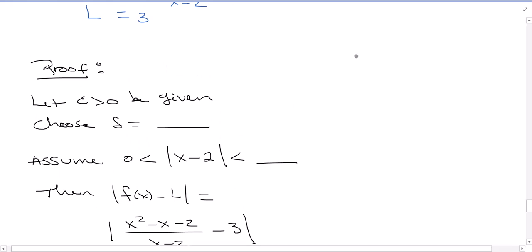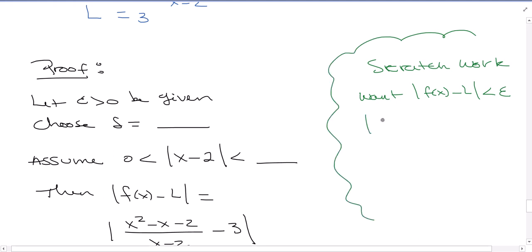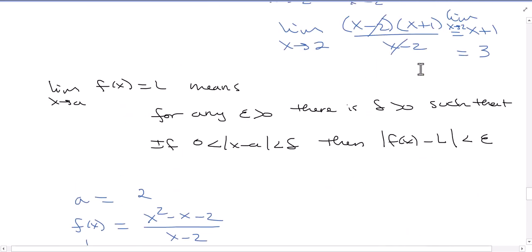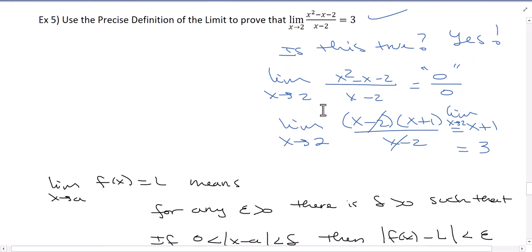So let's go to our scratch work to find delta. What is it that we want? We want the absolute value of f of x minus L to be less than epsilon. So f of x, x squared minus x minus 2 over x minus 2, minus 3, less than epsilon. I could find a common denominator here, but when I checked whether this limit was true, I noticed that I can factor this.